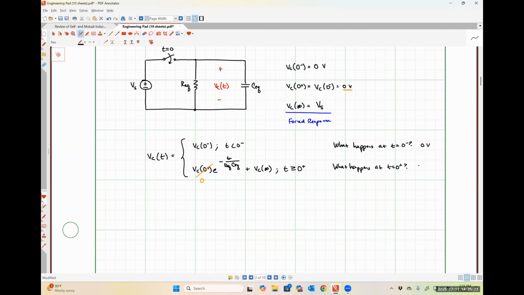So this winds up looking like VC at infinity right now. Let me draw that more clearly. So is our capacitor voltage a continuous function in time? No, because it abruptly changed from 0 at t equal to 0 minus up to Vs at t equal to 0 plus.